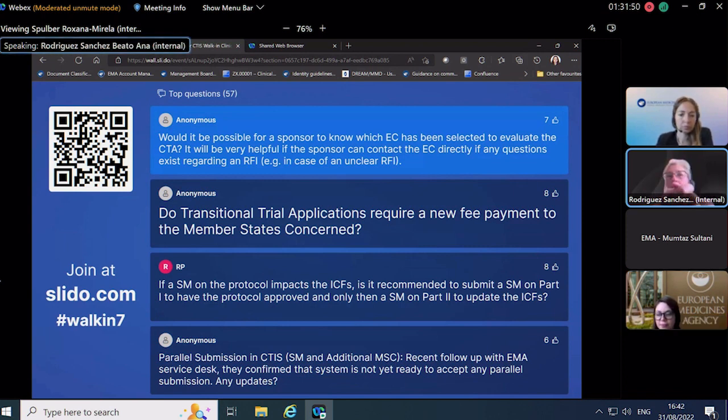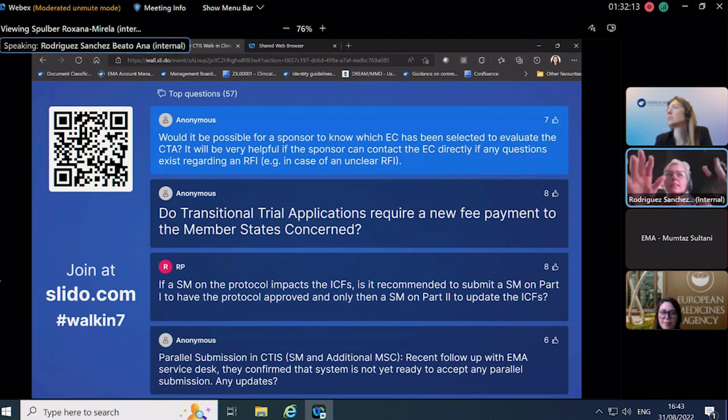It talks about member states, and it leaves to the member state how they want to be organized to involve other organizations in the evaluation of the application. This is the reason why this information at this moment is not there, and obviously it's not in the pipeline to have this implemented.